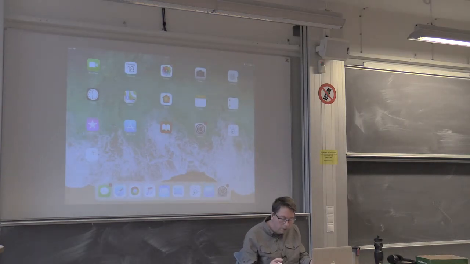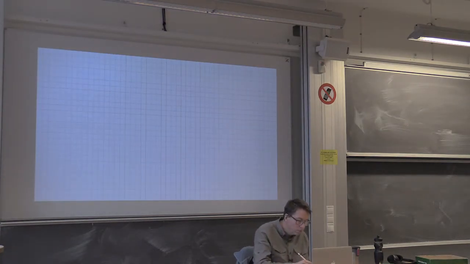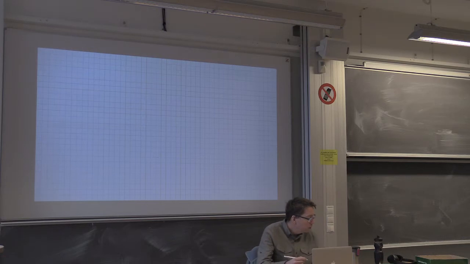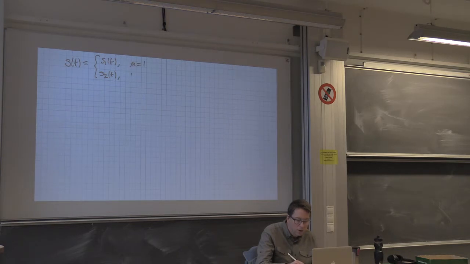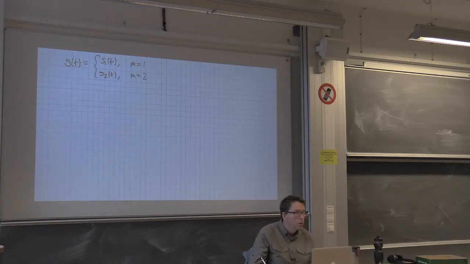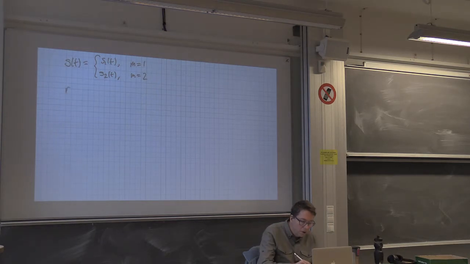So a small example here then. We know that the transmitted signal S of t is either S1 when the transmitted bit is 1, or it's S2 if the transmitted message is 2. Okay. So the received signal R of t is the transmitted signal plus noise.